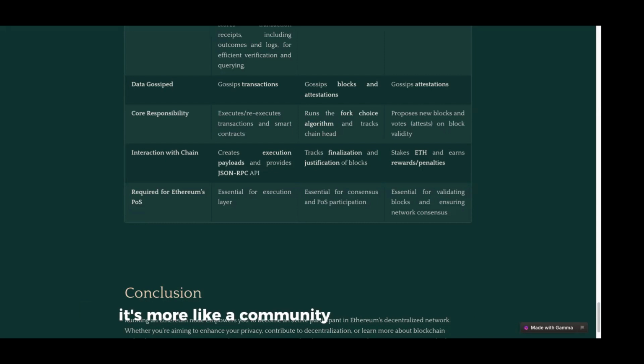It's more like a community staking module where you don't really need as much as 32 ETH. I think it's around 2 ETH or so, or 1 point something. I can't say the exact amount, but you just need as low as 2 ETH to participate.